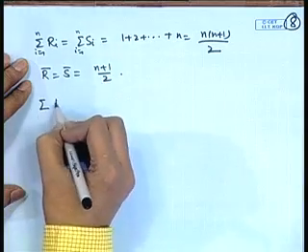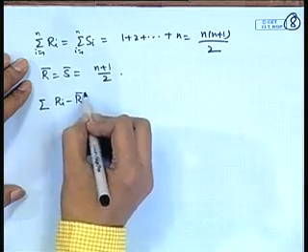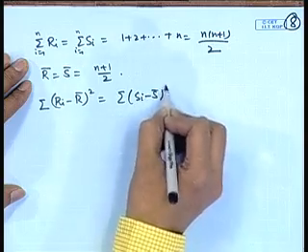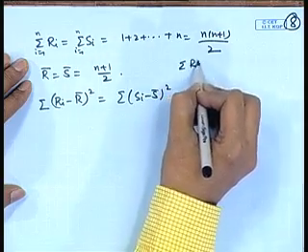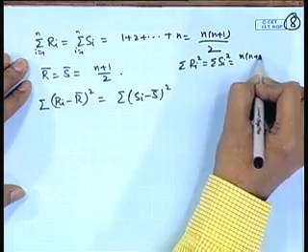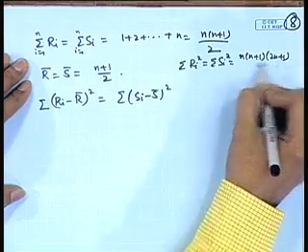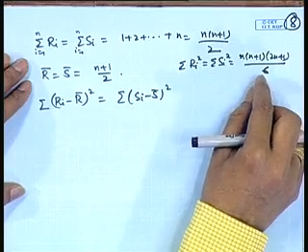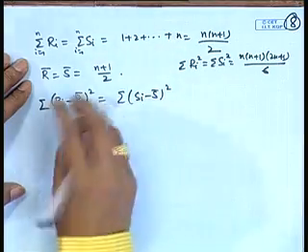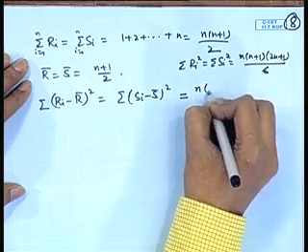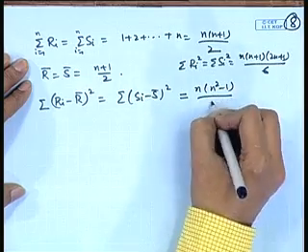Similarly, we can calculate sigma (Ri minus R bar) whole square or sigma (Si minus S bar) whole square, because sigma Ri square or sigma Si square will become n into n plus 1 into 2n plus 1 by 6. That is the sum of squares of the first n integers. So, these values can be easily calculated, and it turns out that this is n into n square minus 1 by 12.